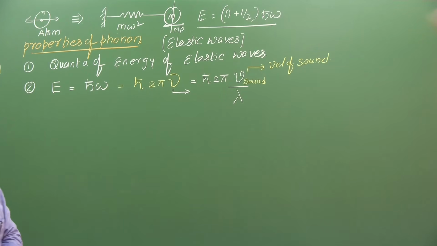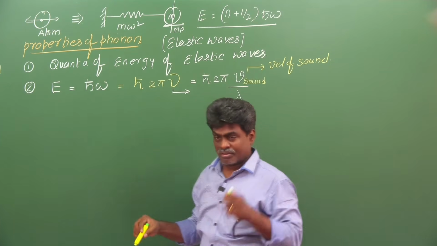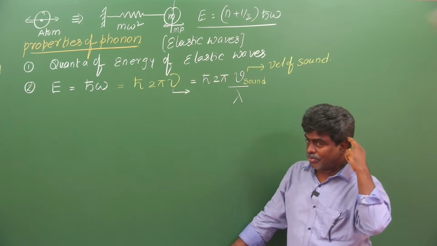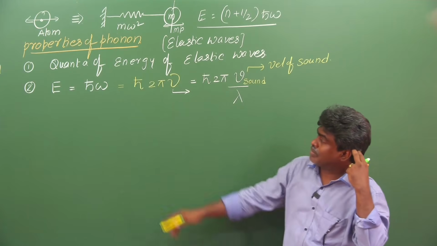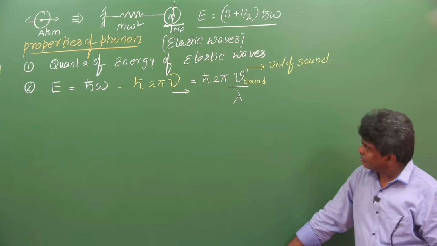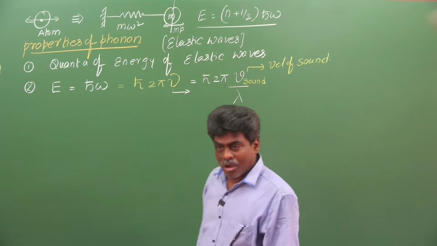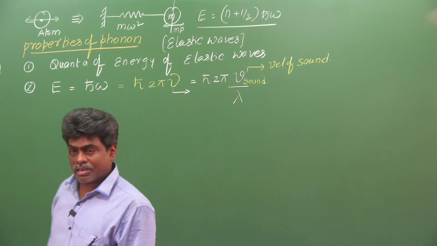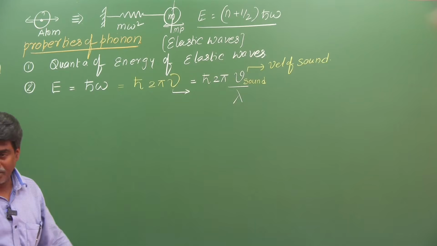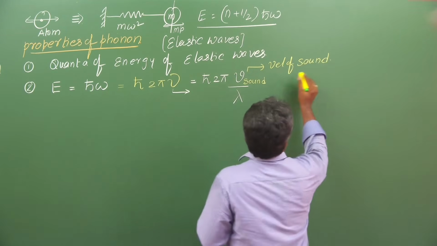What is a phonon? Quanta of energy in an elastic wave. What is the energy of a phonon? h cross 2 pi velocity of sound by lambda. Are elastic waves longitudinal or transverse? Longitudinal. Why? Because they are sound waves, with the velocity of sound.